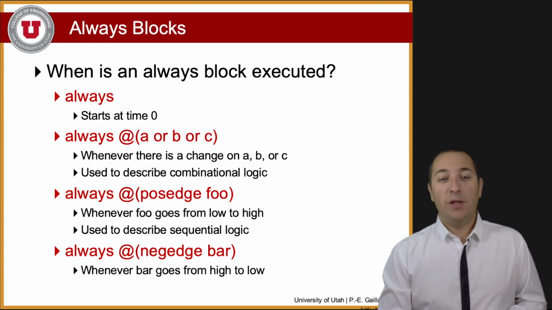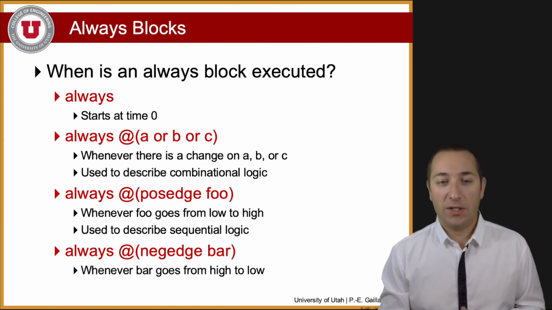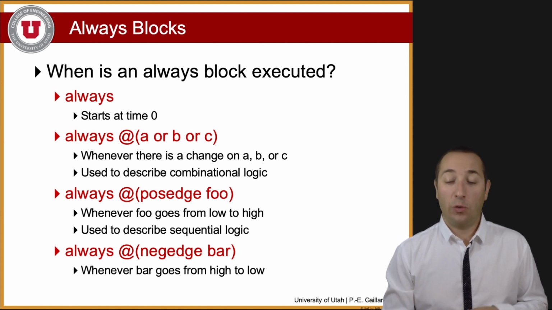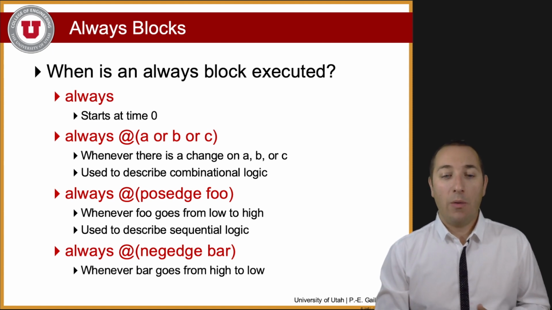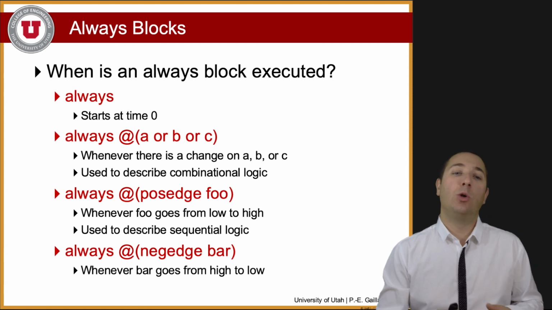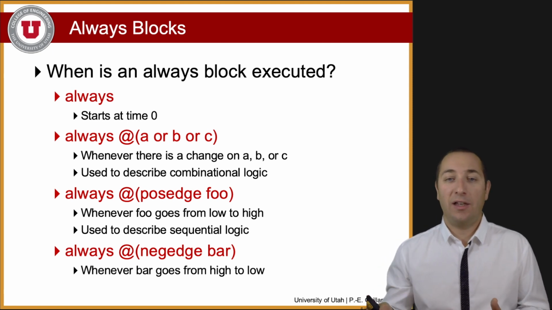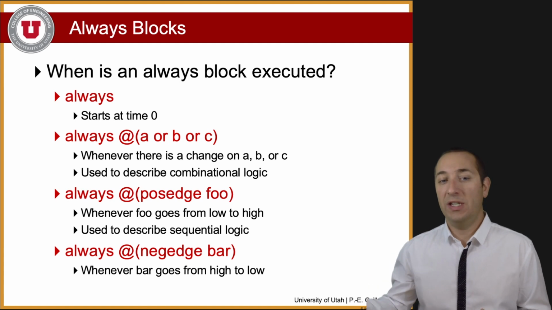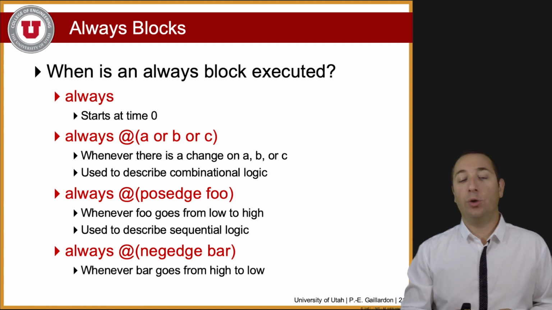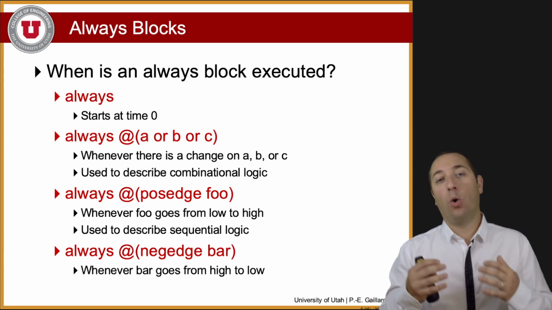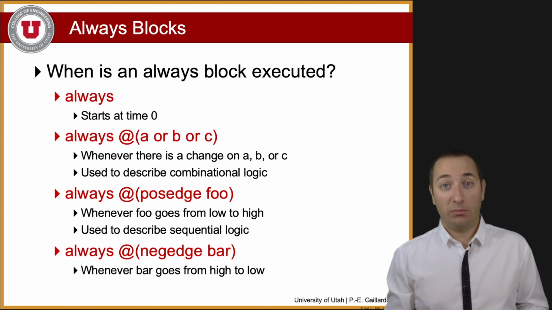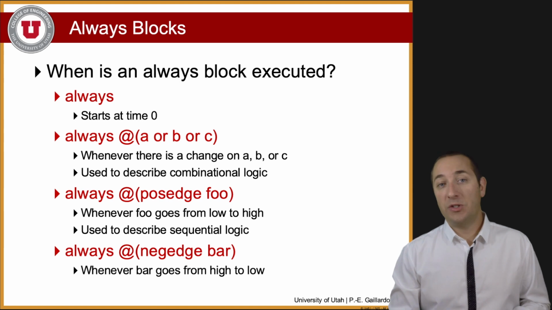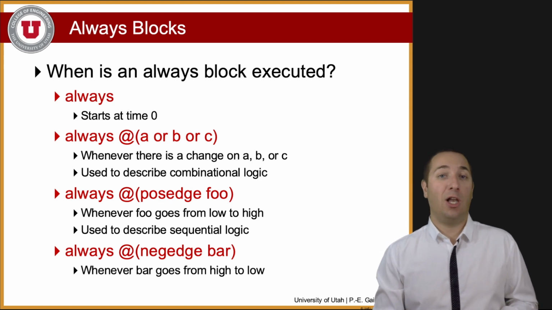For example, if you have always with nothing after that, it is evaluated only once during the first evaluation cycle, and that's it. However, when you have an always at and then an expression A or B or C, it means that whenever there is a change on A, B, or C, you will evaluate this block. And that results in combinational logic.